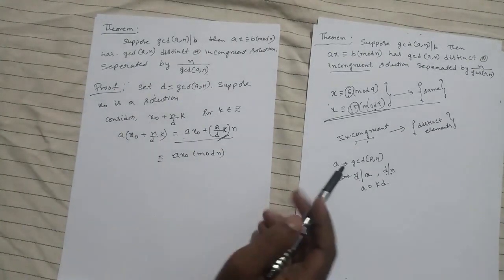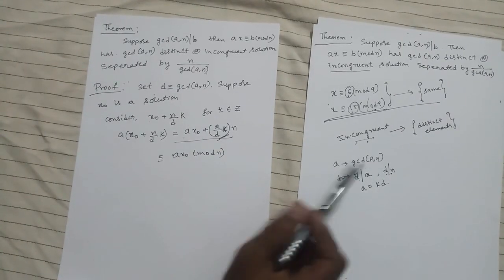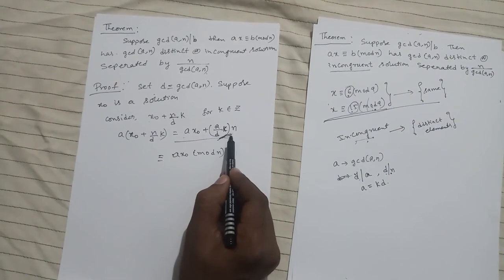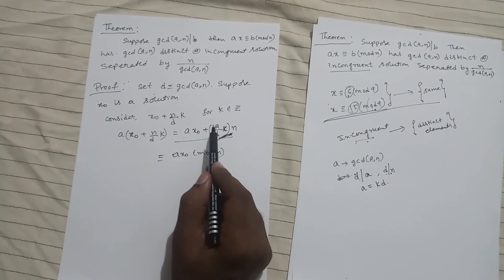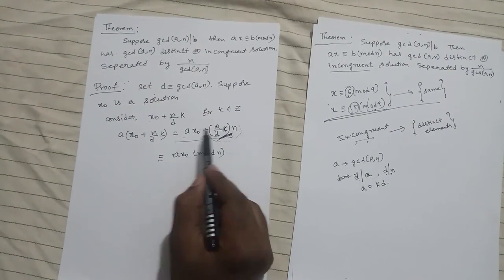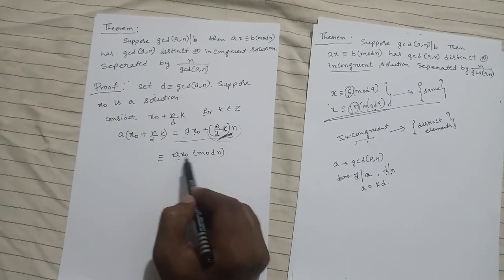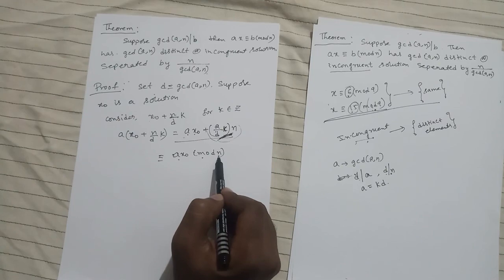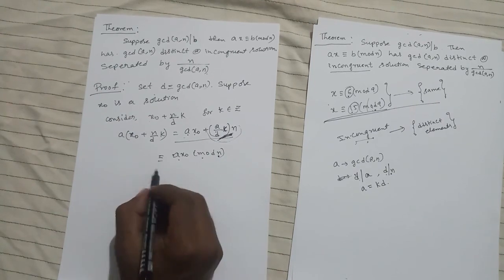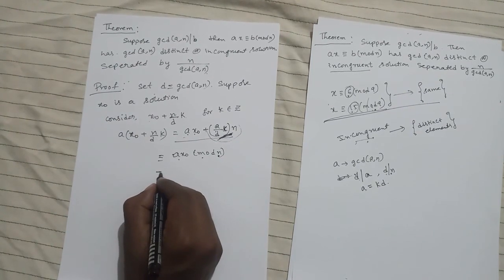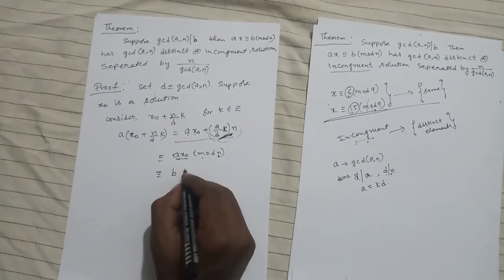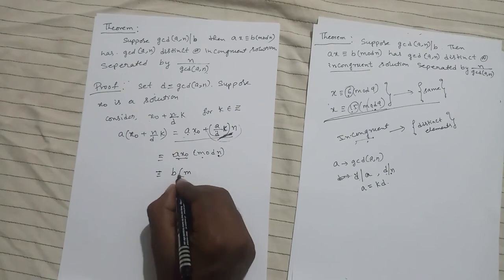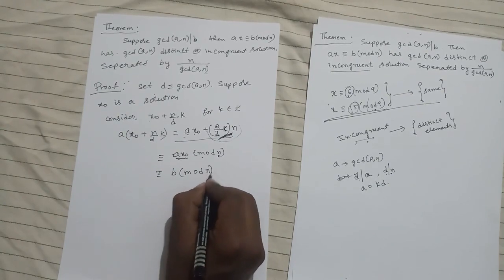So if you divide, this remainder is always 0. That means a x naught is congruent mod n. Then I will take this element as b, so b is mod n, right?